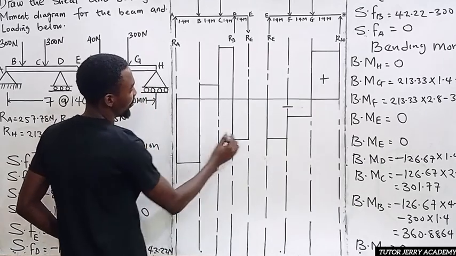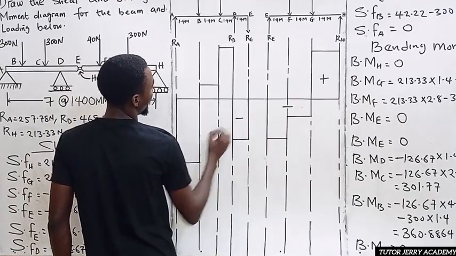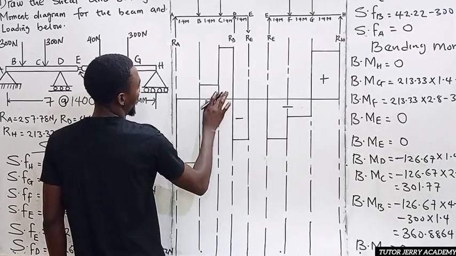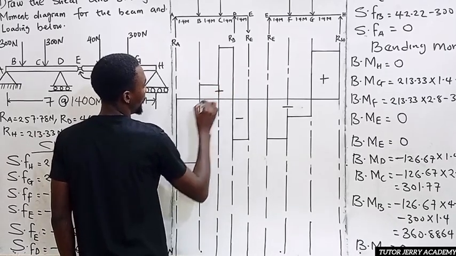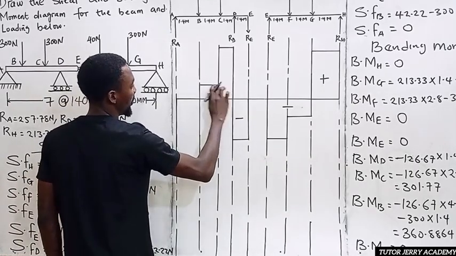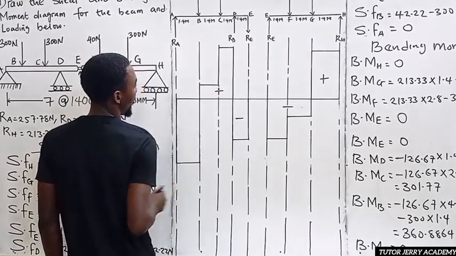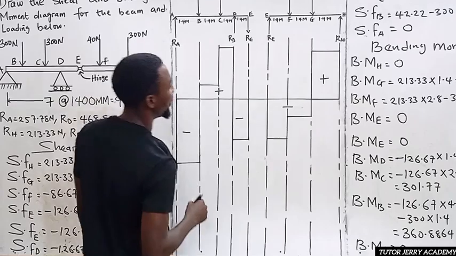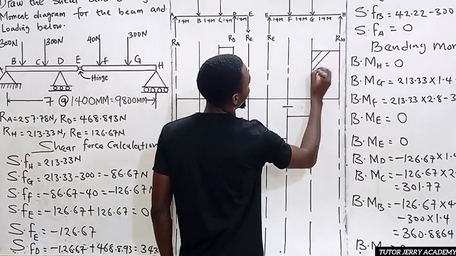So we started from this point here. So this point here is negative. While this point here is positive. Let's clean this. Okay, no need to clean. Let's just leave it like this. This is positive. All right. So let's just mark this part. All right, that's positive, and this is negative. All right. So we are going to shade now. So we are going to shade this.